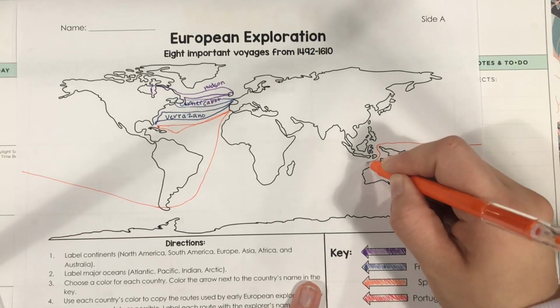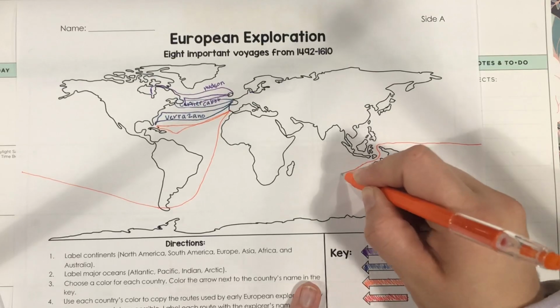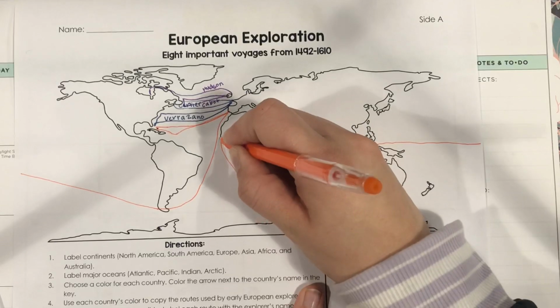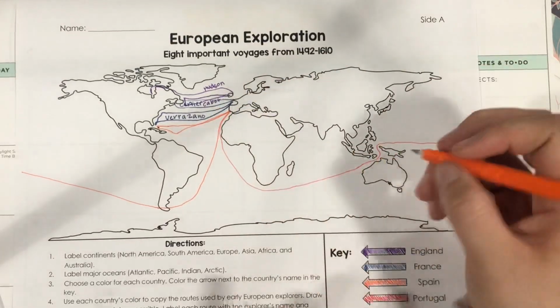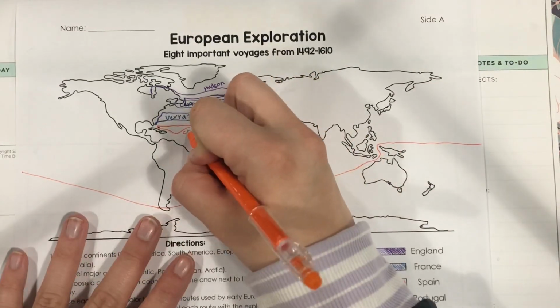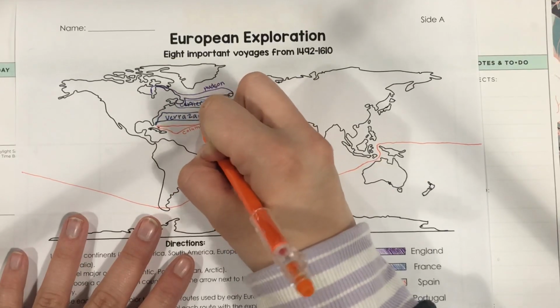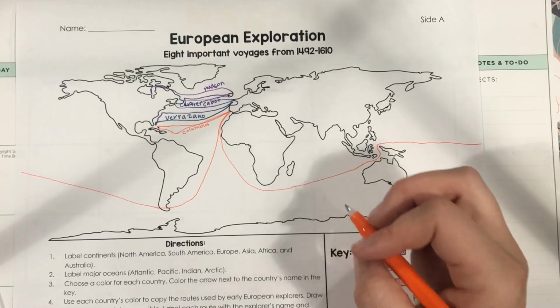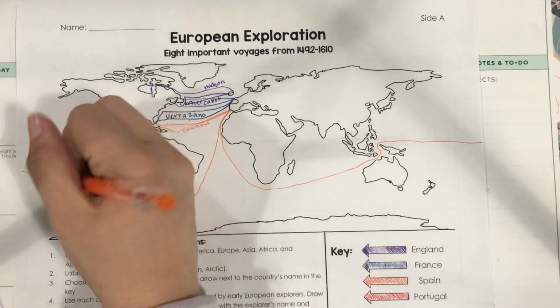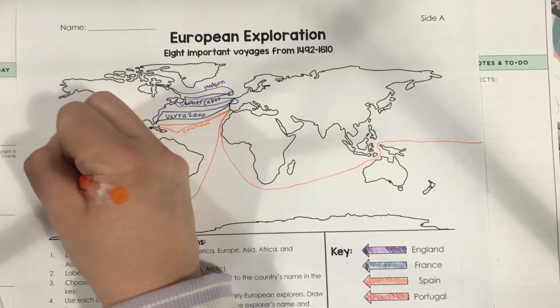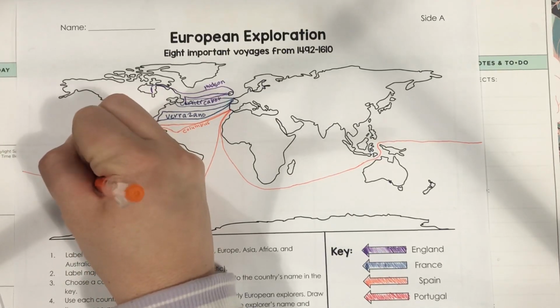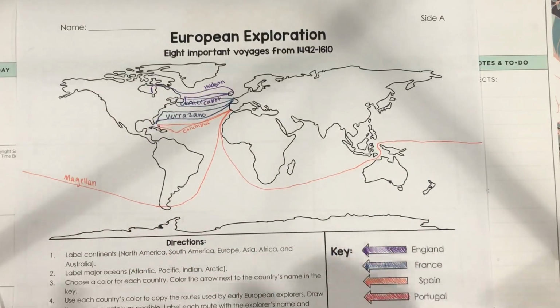He went by Australia, and then he went underneath Africa, and then it came all the way back up into Spain, okay? Oh, I forgot to write Columbus right here, so write Columbus. And then Magellan, we're going to write it over here so it's not in anyone else's way. It's Magellan, okay? And so that is our Spain.